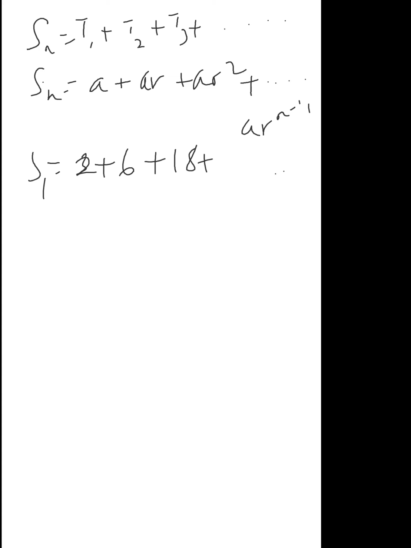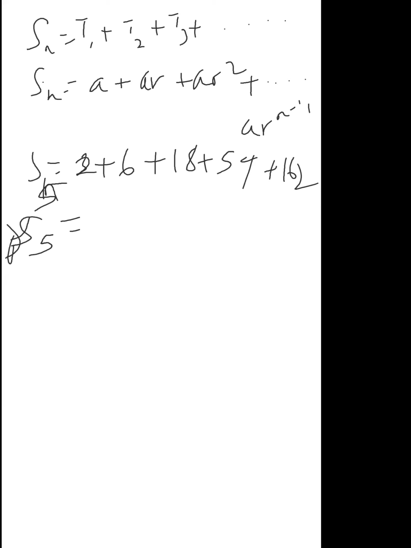What's the next one after 54? 54 times 3, 3 times 4 is 12, 3 times 5 is 15, that would be 162. So another way we can do that: this is 1, 2, 3, 4, 5 terms, S5. We can also say R times S5, or 3 times S5.